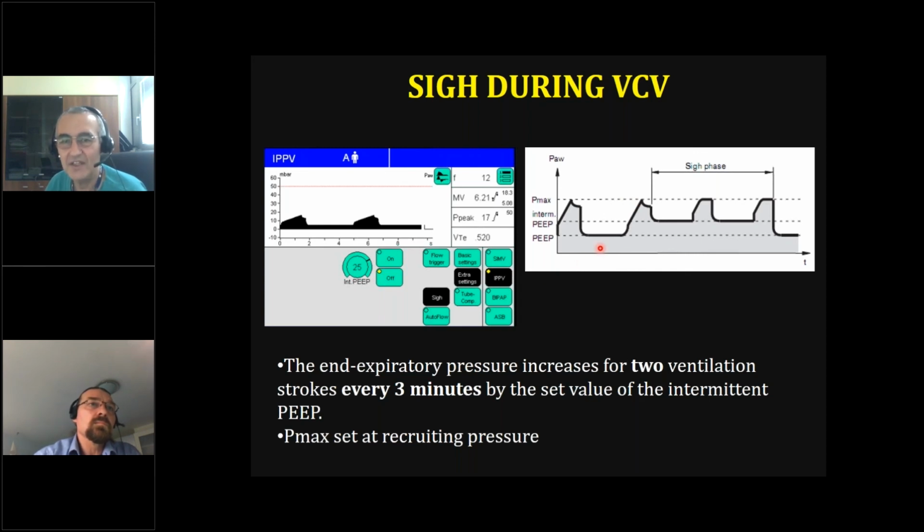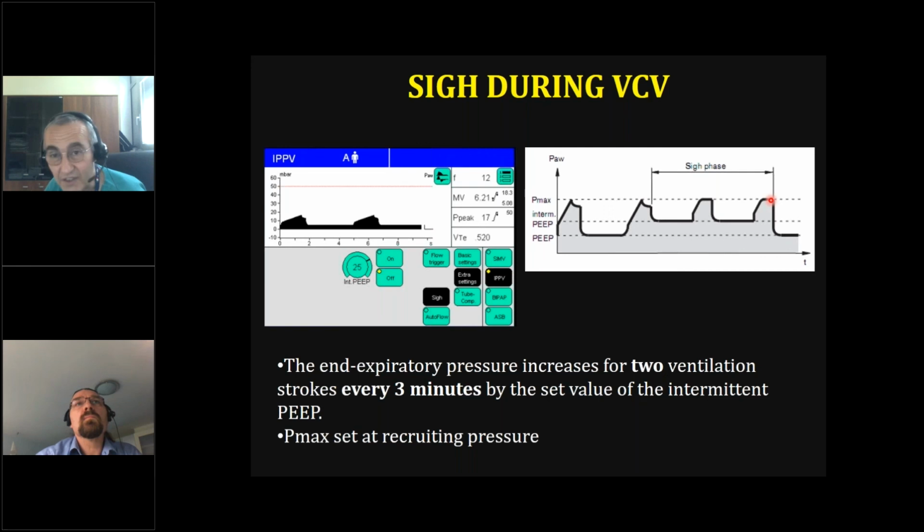My patient, I know, following a standard recruitment maneuver, that with 40 of pressure, I do open up the lung. So I apply 15 of PEEP as a conventional ventilation. Then I apply a delta pressure of 20, and it goes from 15 to 35. Here is 35. And then starts the ventilation.